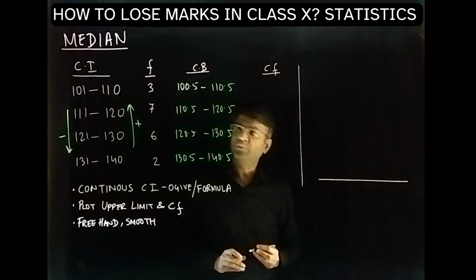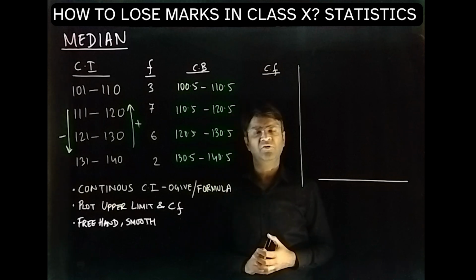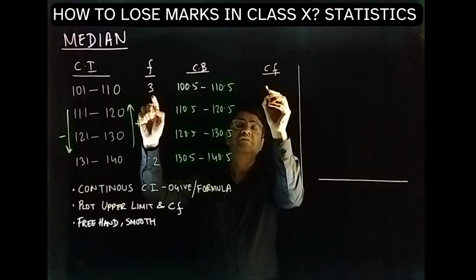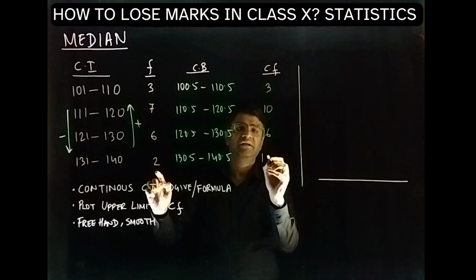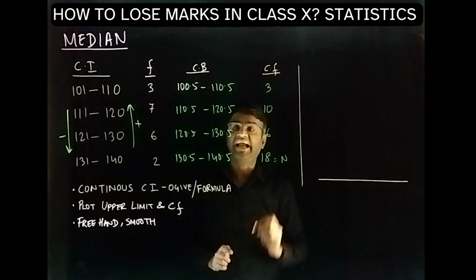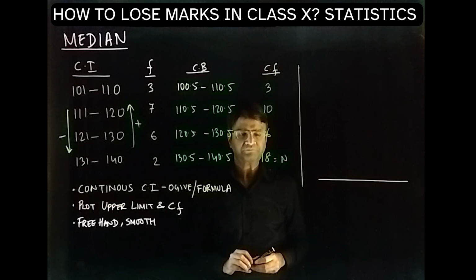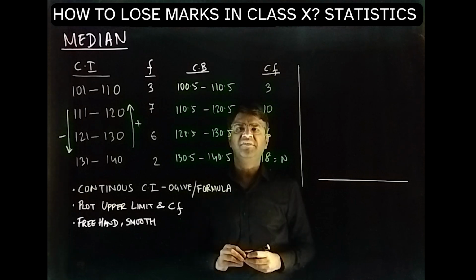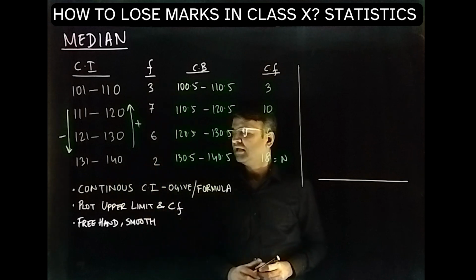Now the cumulative frequency. Remember, you cannot estimate the median without a cumulative frequency. So let's find the cumulative frequency: 3, 10, 16, 18. This is the N. N also represents the number of people in this group.